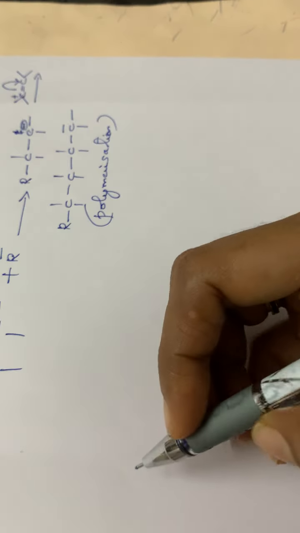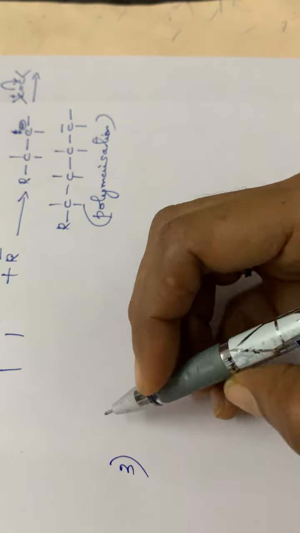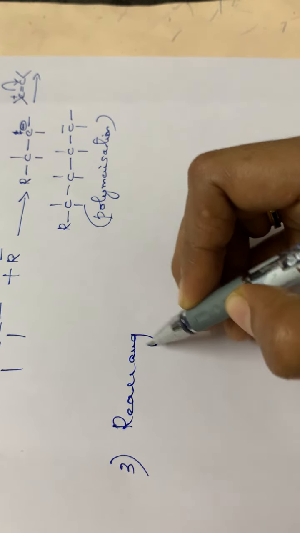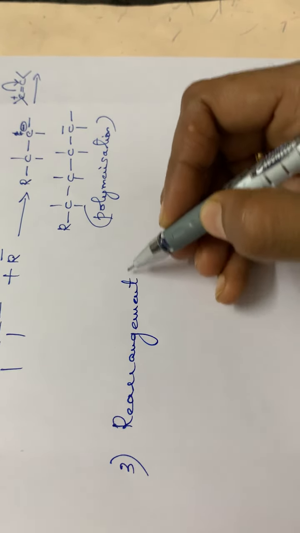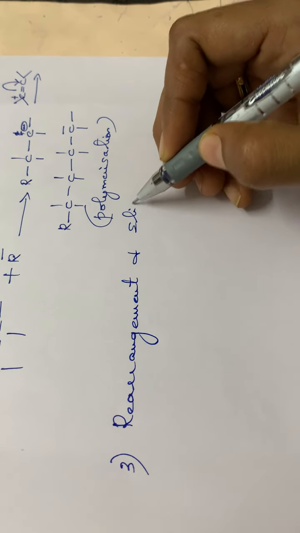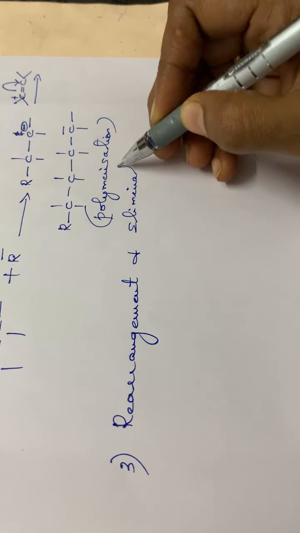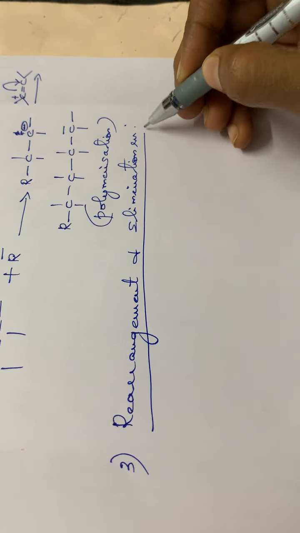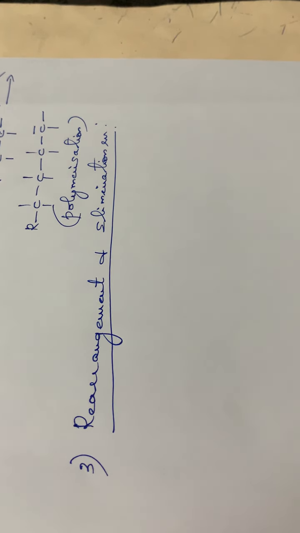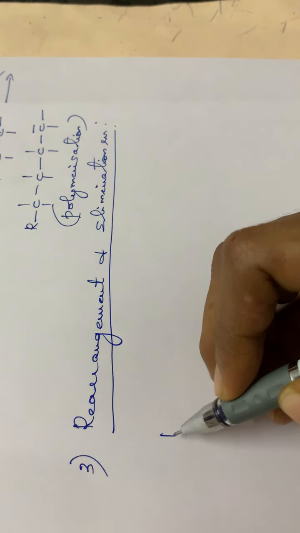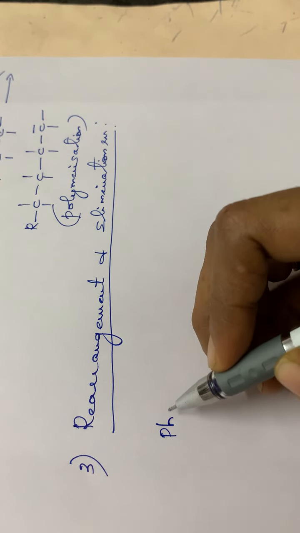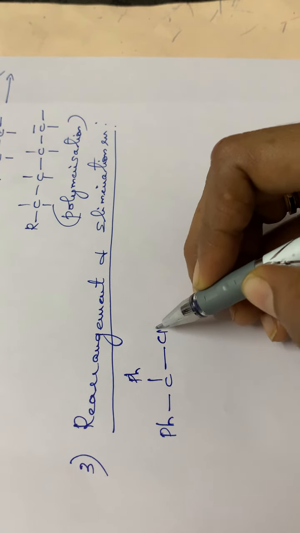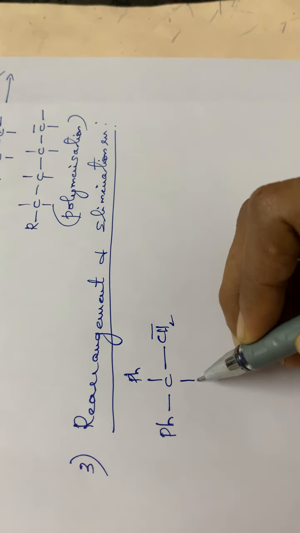And the third one is the rearrangement and elimination reaction. See here, for example, Ph is the phenyl group. Ph, C, Ph, single bond, CH2 minus, here again one Ph.